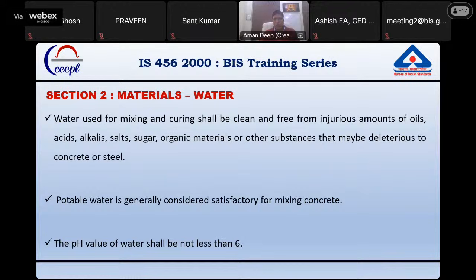Some water remains within the concrete even after the hydration of the cement, and the quality of water plays a very important role in the quality of the concrete as a whole. In terms of long-term durability, there are some special considerations.